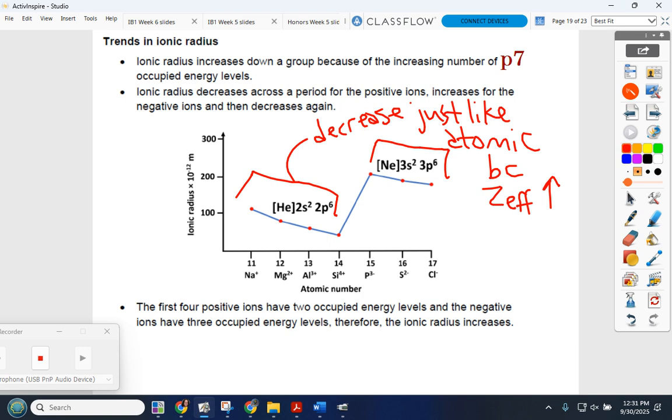But the jump, different than the jump that we see in successive ionization energies, is because we are adding another energy level when we flip from being a positive ion to a negative ion.